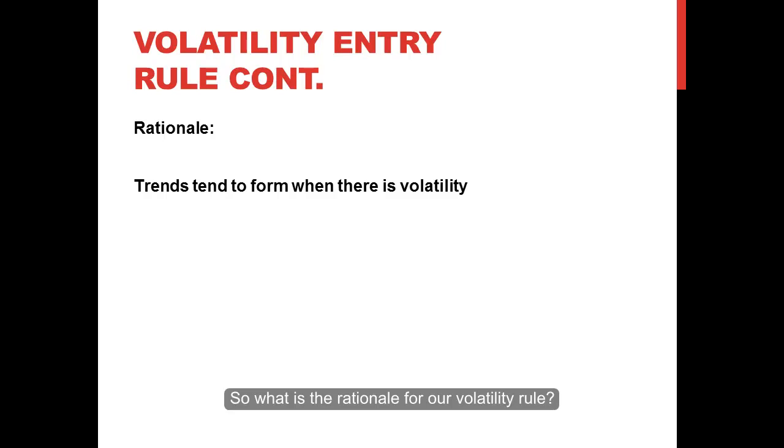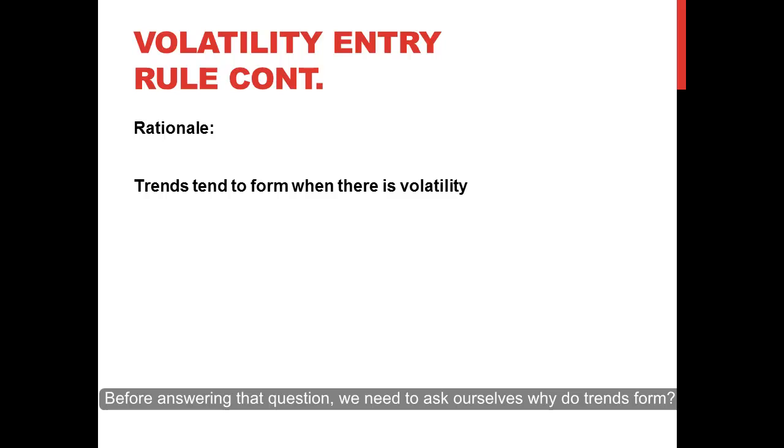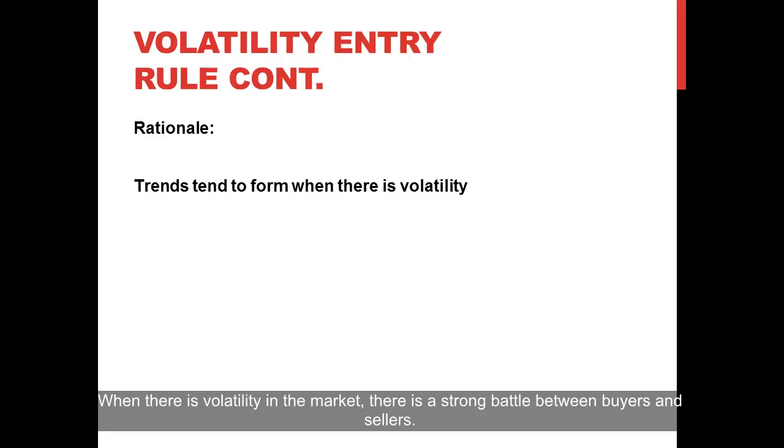So what is the rationale for our volatility rule? Before answering that question, we need to ask ourselves, why do trends form? Well, trends form when there is a strong excess of buying or selling pressure. So when there's volatility in the market, there is a strong battle between buyers and sellers.